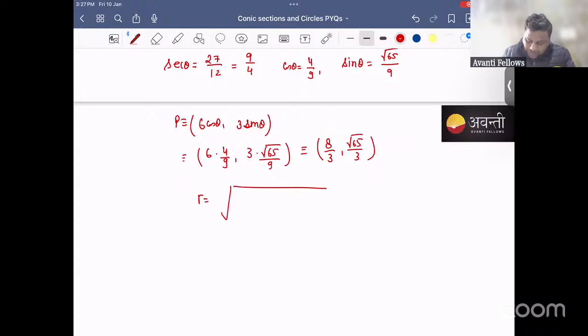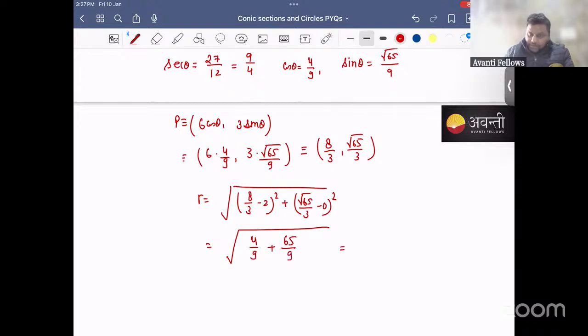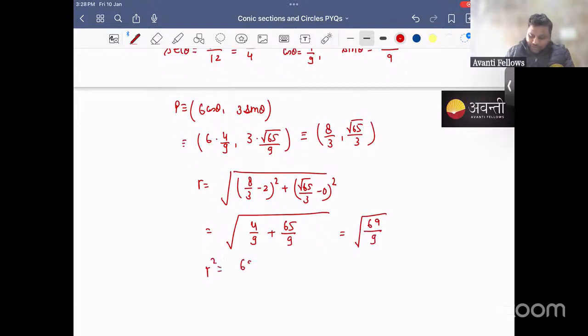So that is √((8/3 − 2)² + (√65/3 − 0)²), that is √(4/9 + 65/9), that is 69/9 under the root. So r² is 69/9, that is 23/3.